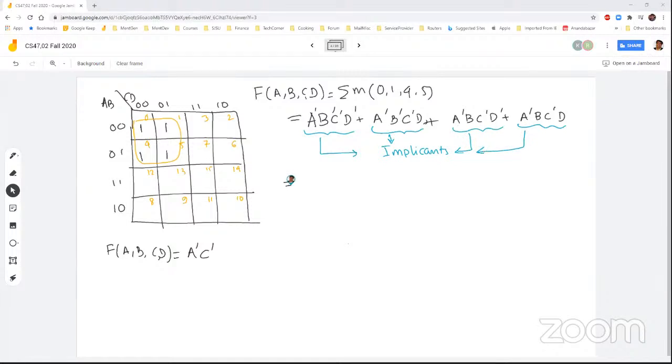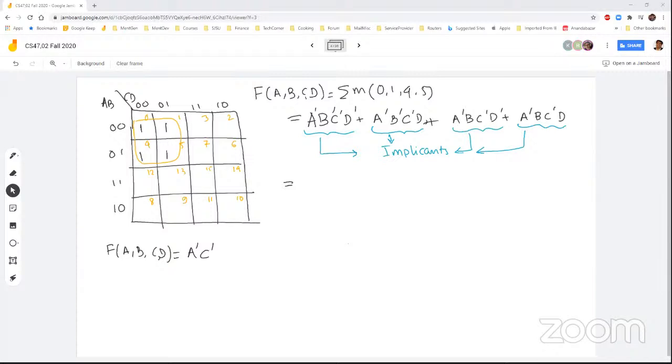Now we pick up the implicants and then start using identities to reduce them. To reduce them, what we can observe is that we can reduce them if they vary in only one variable, like complement, non-complement.